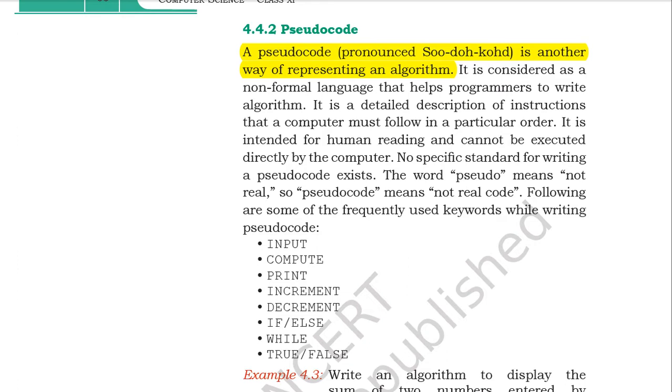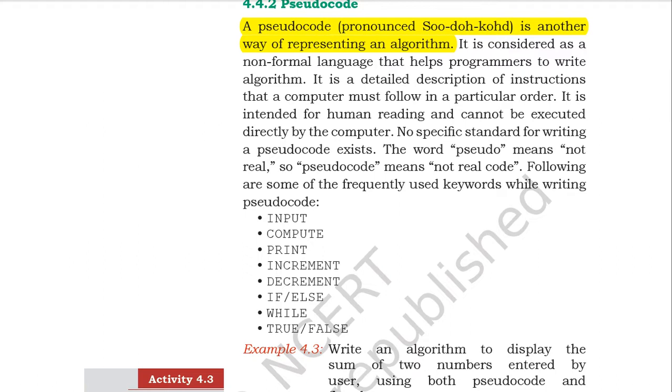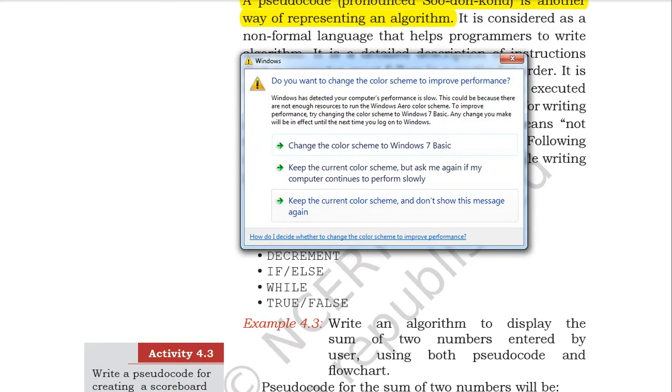It will be helpful. Now let's continue the chapter. It is considered a non-formal language that helps programmers to write algorithms. It is a detailed description of instructions that a computer must follow in a particular order. It is intended for human reading.